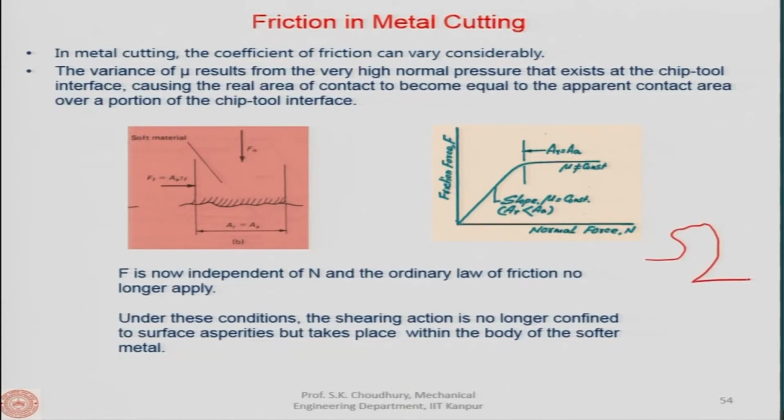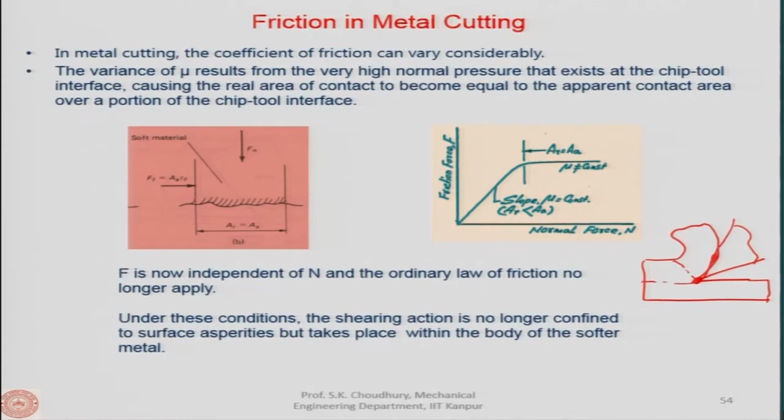So, if we see the cutting process, let me draw it this way: this is the chip being formed, this is the workpiece, and this is the tool. As this process goes on, at this point the normal pressure is very high at the tool tip.